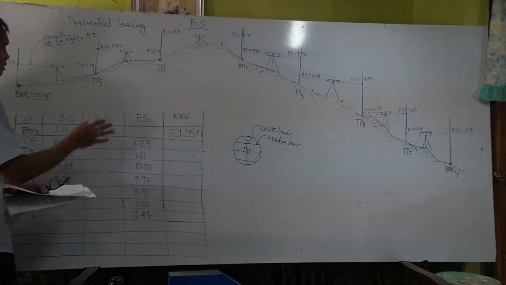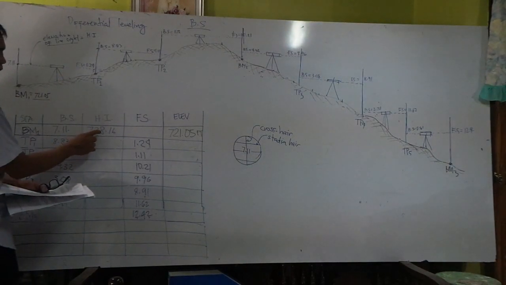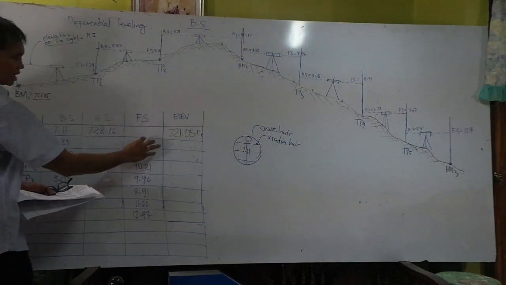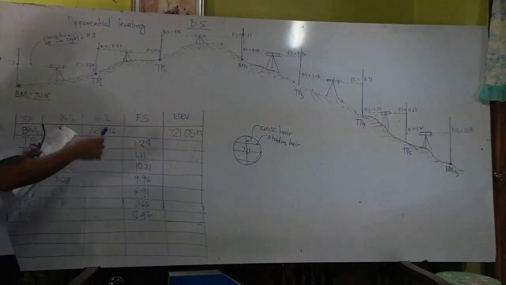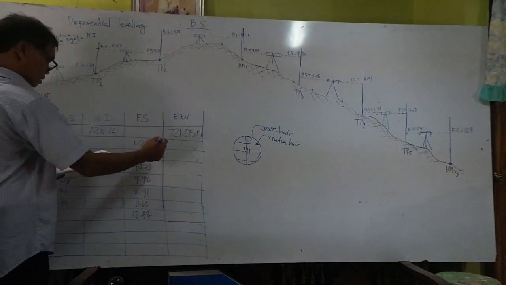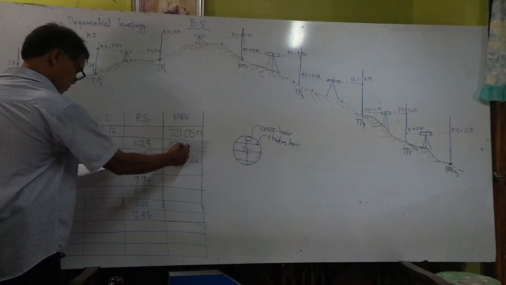So the height of the instrument, 728.16, minus the foresight, is the elevation of turning point 1. Okay, so you will have 726.92.